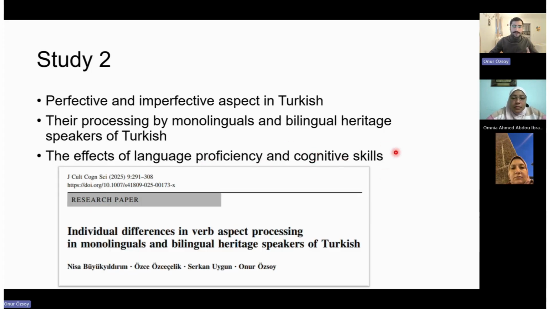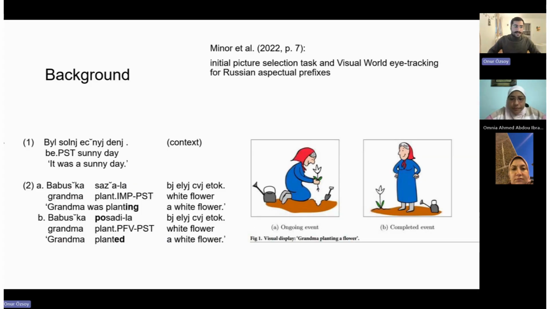So we did some processing tests where people had to match certain numbers to certain symbols, for example, as quickly as possible. And the design of this study comes from a lab in Norway around Sergei Minor and Natalia Mitrofanova, and they did the study in Russian, Spanish, and English before, and now a bunch of other languages.